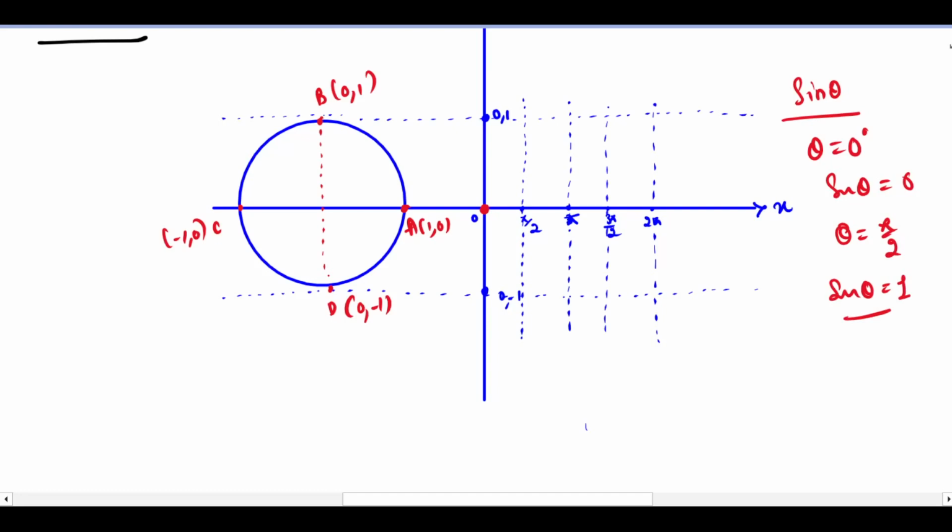So when point moves from A to B, then sine theta value increases from 0 to 1. Then at theta equal to pi, sine theta is equal to 0. So from B, sine theta value decreases from 1 to 0. So graph will look like this.